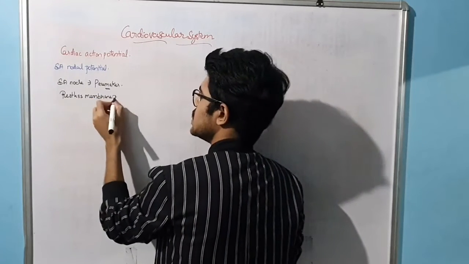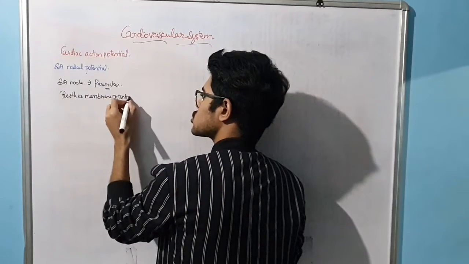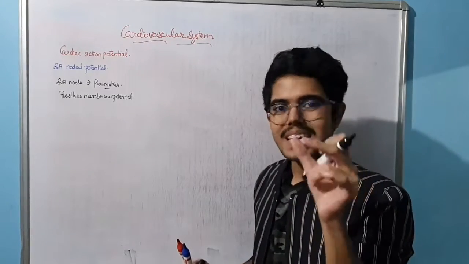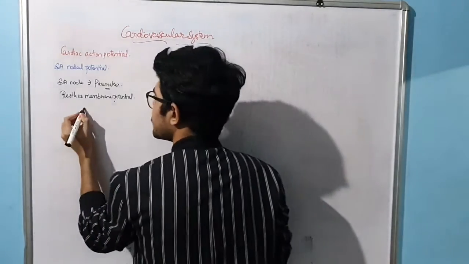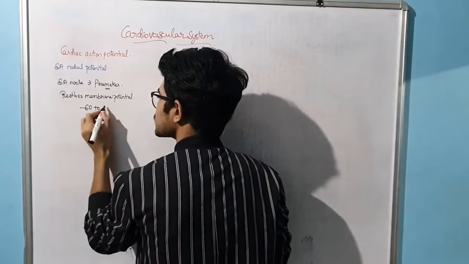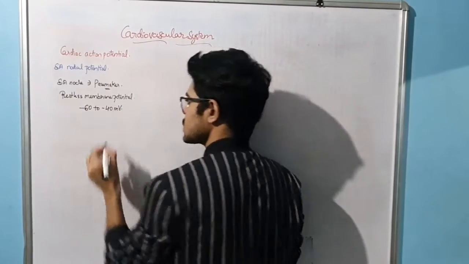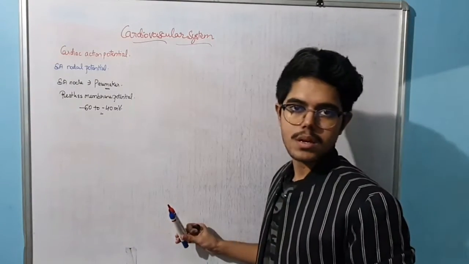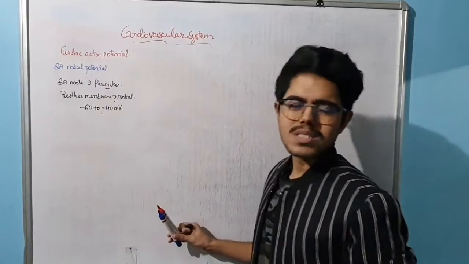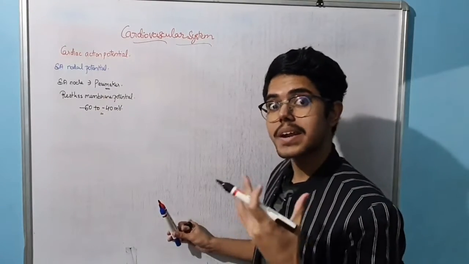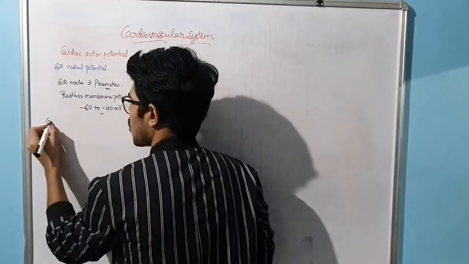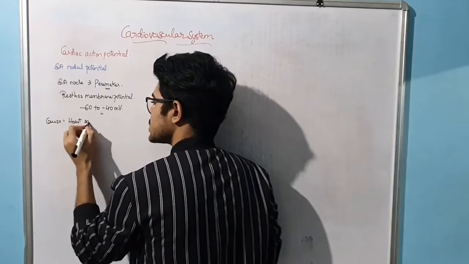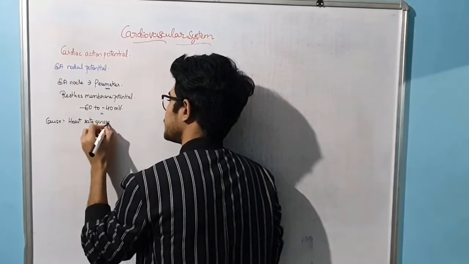Any pacemaker belongs to restless membrane potential, which means the value oscillates between -60 to -40 mV. Now, what is the function of this pacemaker? Heart rate generation. Its main function is heart rate generation.